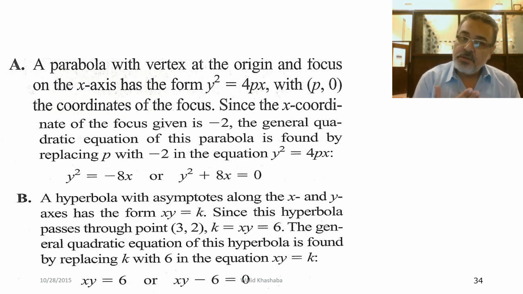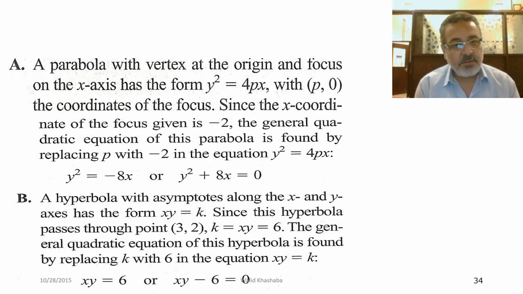Let's start with A, the parabola, with vertex at the origin and focus on the x-axis. It has the form y squared equals 4px, where p and 0 is the coordinate of the focus, because it's on the x-axis, so the y coordinate should be 0.